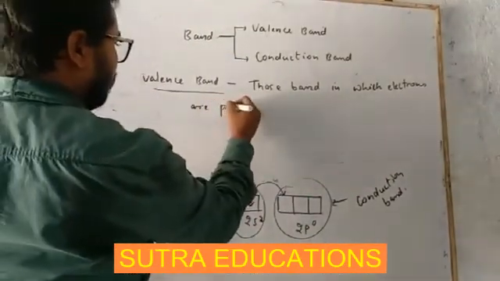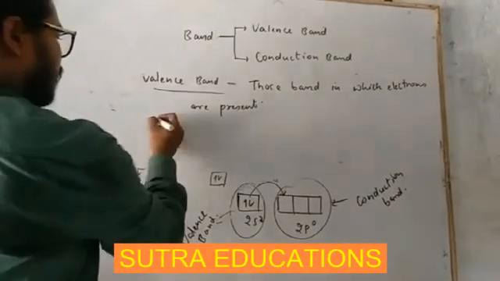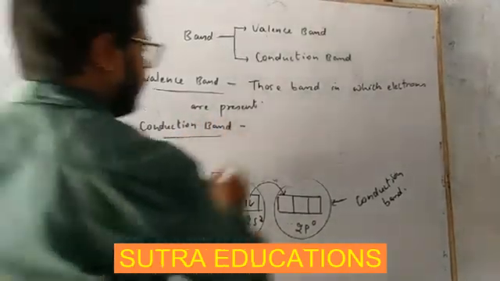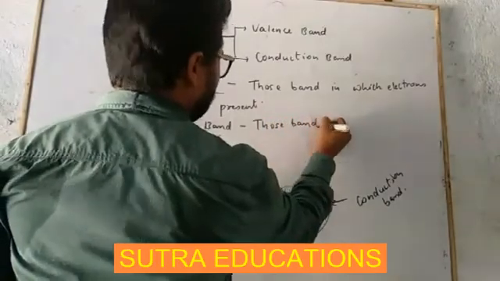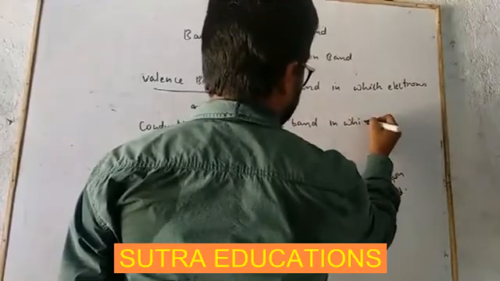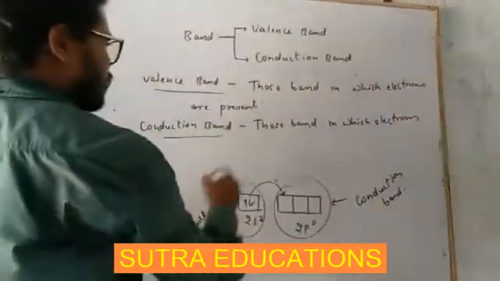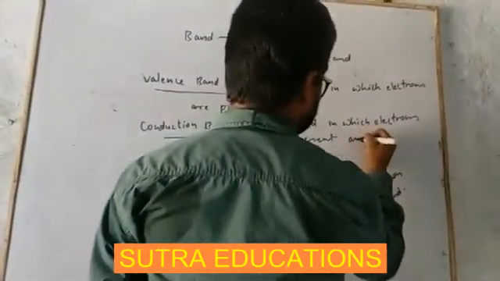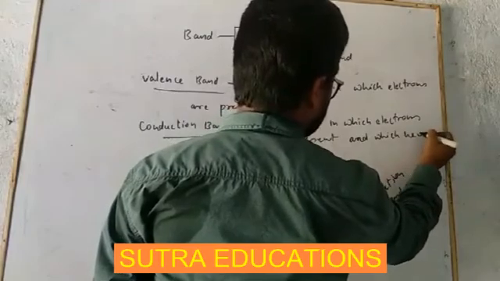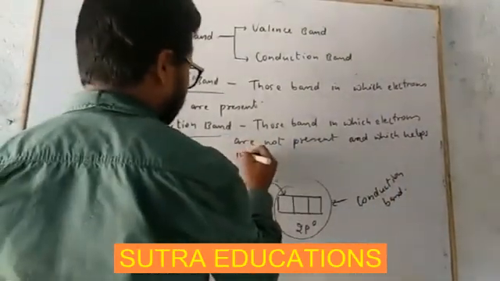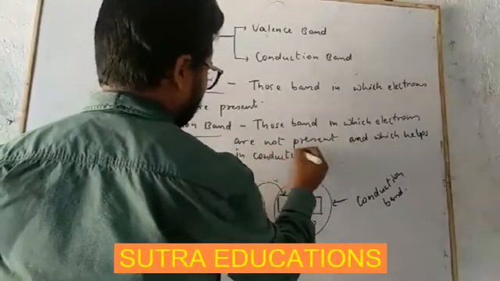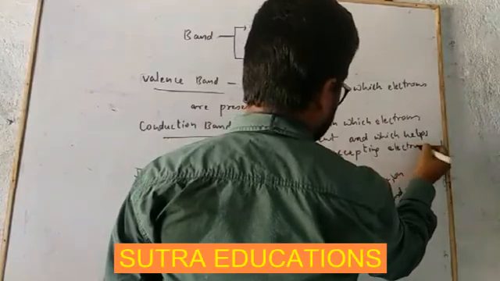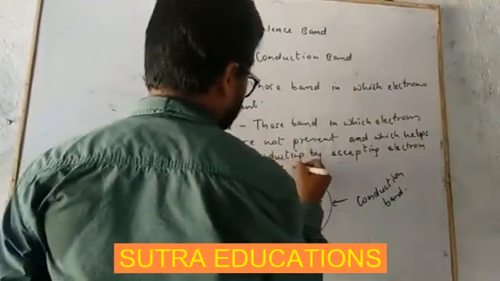Conduction bands are those bands in which electrons are not present, and which help in conducting by accepting electrons from the valence band.